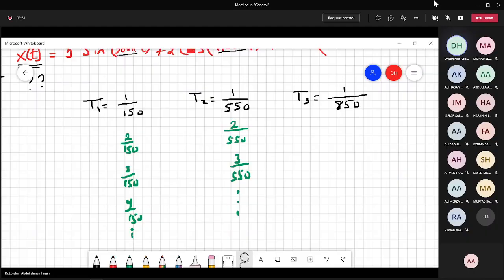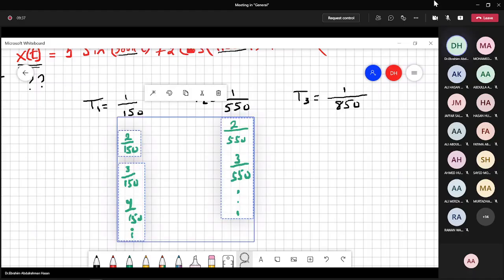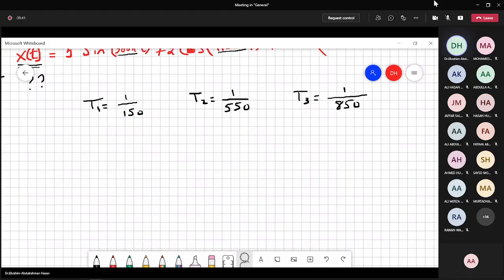Okay, follow the alternative way. As we said, for T1 it is 1 over 150, then 2 over 150, then 3 over 150, 4 over 150, and so on.